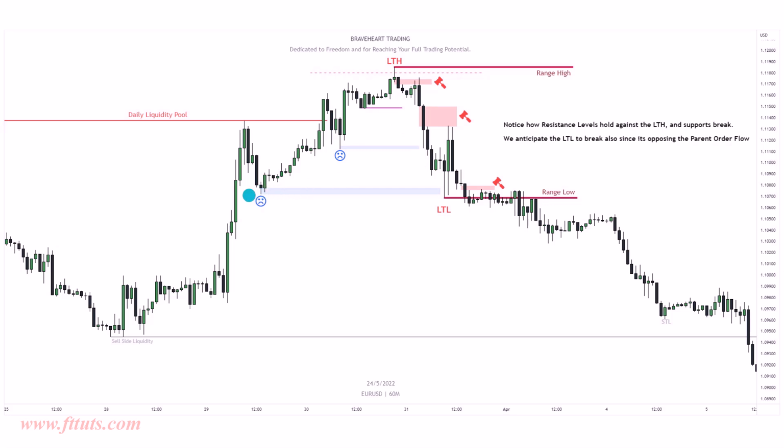This order block here, with this imbalance here, and this low, we're going to close below it. So we're anticipating the long-term low to break also, since it's opposing. The long-term low basically just gave it the retracement, first of all, back into premium from this low to this high, and also into this imbalance.